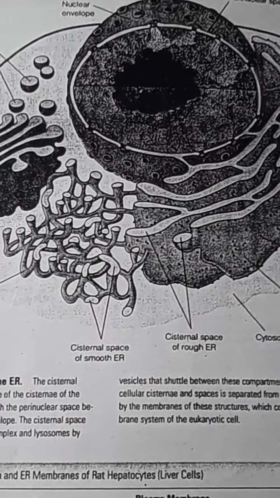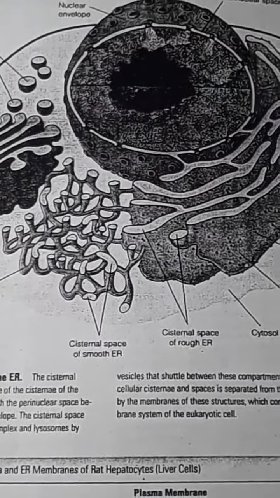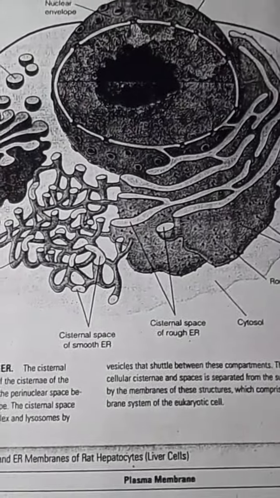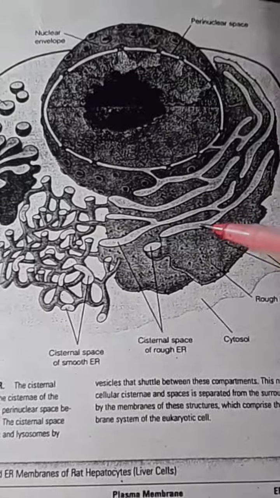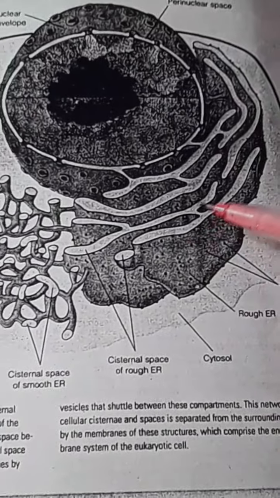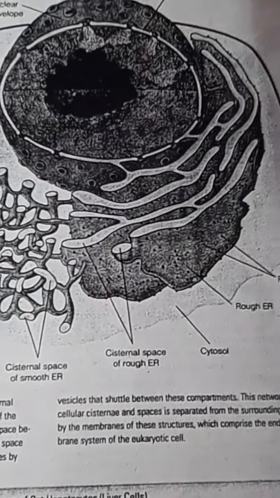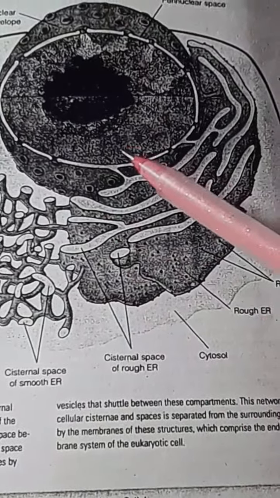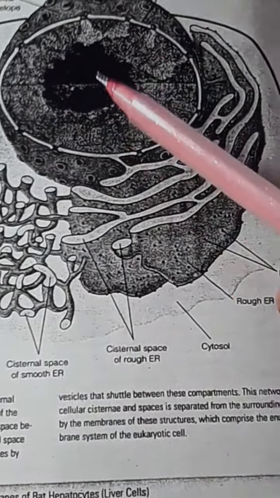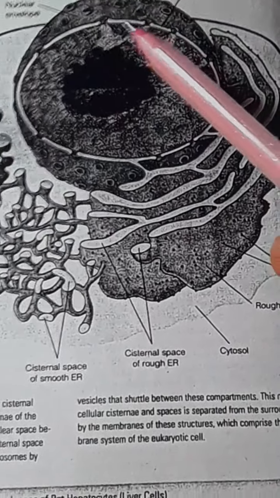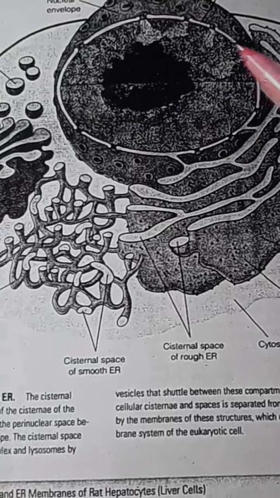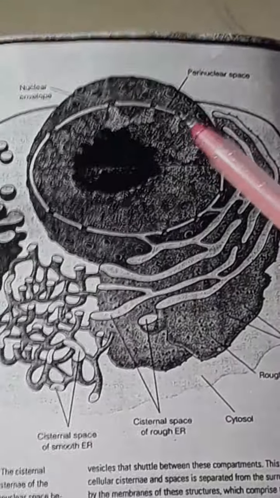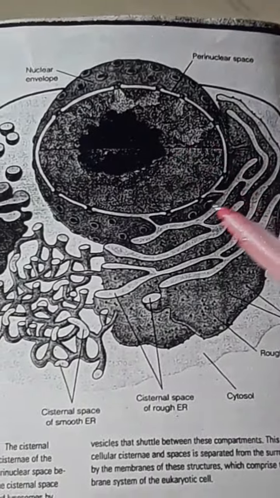But the special thing about endoplasmic reticulum is that the cisternal space, the space within the cisternae, is continuous with the perinuclear space. You can see the nucleus over here, and this white portion is the perinuclear space, the space between the two membranes of the nucleus.